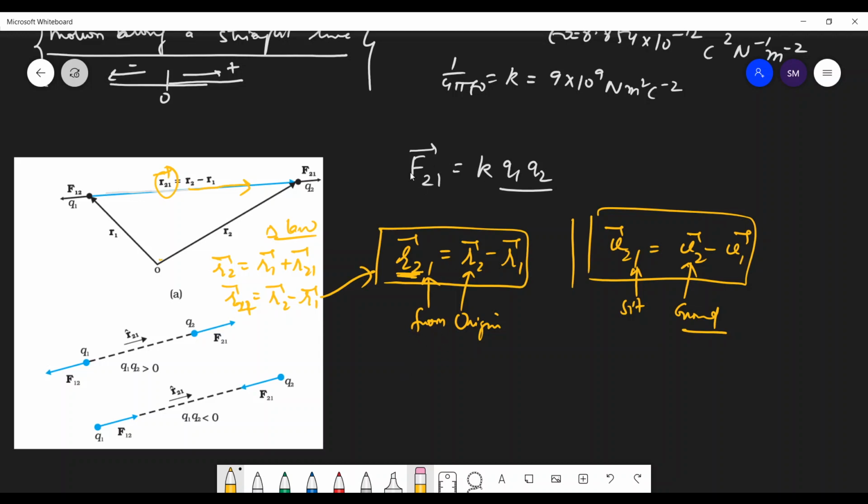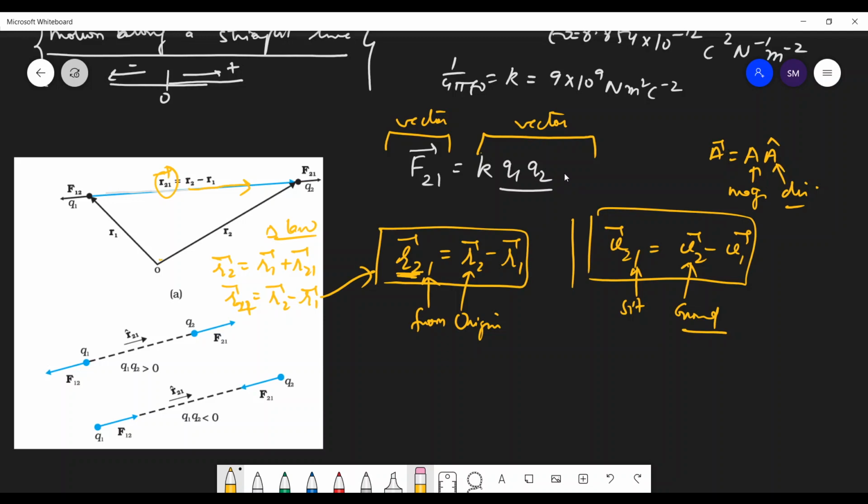So students, how do I write a vector? The way to write a vector is to write its magnitude and then multiply it with the unit vector. So this is the magnitude of the vector, and I have multiplied it with a unit vector which tells me the direction, because its magnitude is 1.